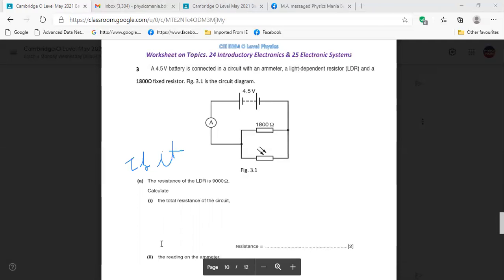Yes, sir. There we calculated RP. RP equals R1 R2 divided by R1 plus R2, then 1500. Write it. Yes, sir. I know.